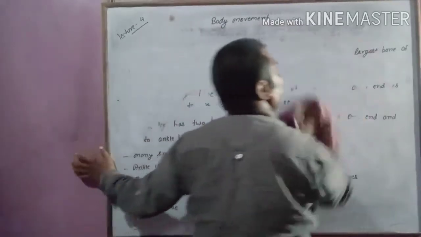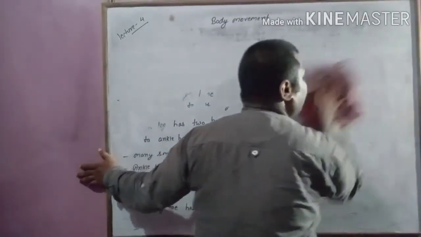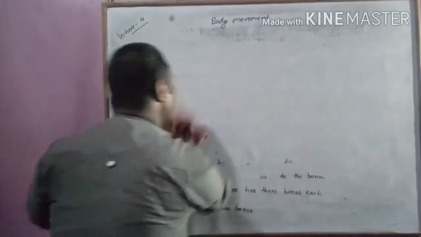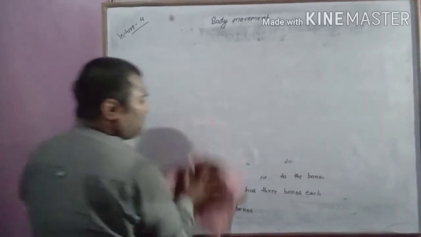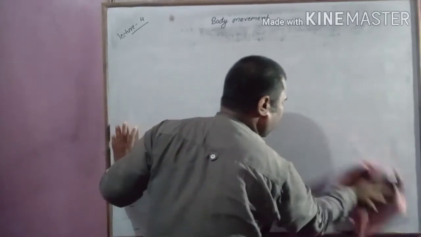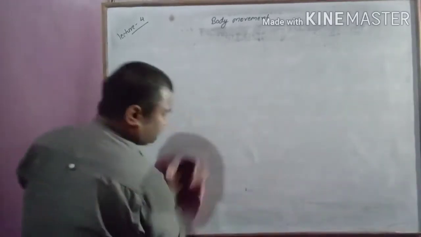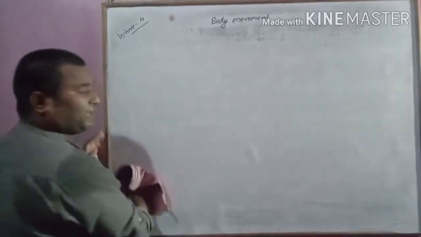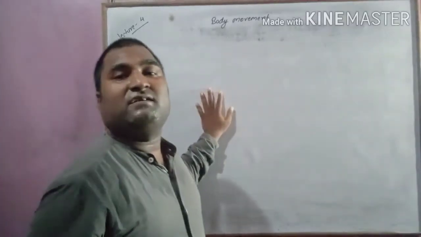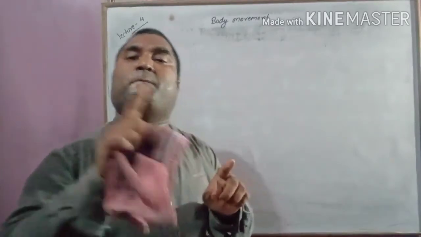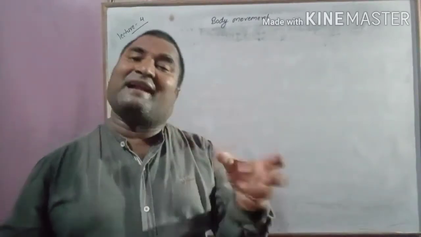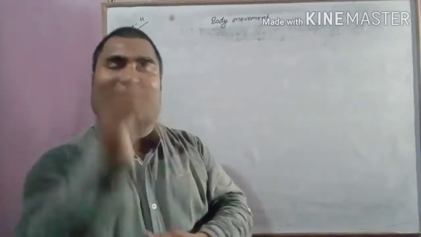Next is joint. What is joint? As you know from class 5 only, the place where 2 or more bones meet is called joint. And a tough flexible band connects the bones at the joint.